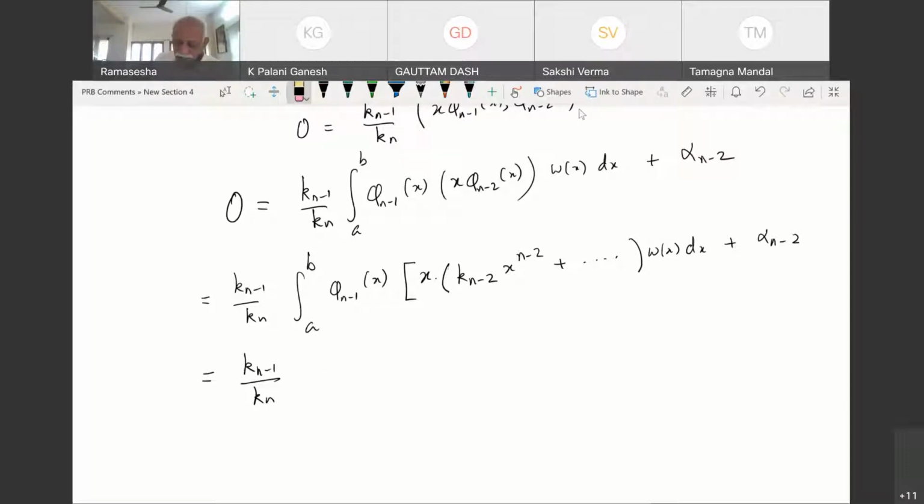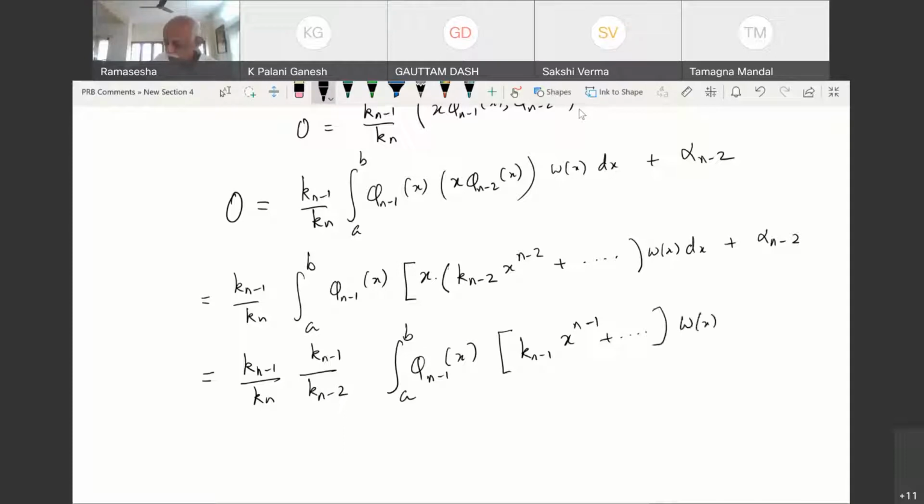I have to make this one as k_{n-1} x^{n-1}. So it's already x^{n-1}, and I have k_{n-2} there. So if I divide the right hand side by k_{n-2} and multiply it by k_{n-1}, then I will get the integral from a to b of P_{n-1}(x) times k_{n-1} x^{n-1} plus that times w(x) dx plus alpha_{n-2}.